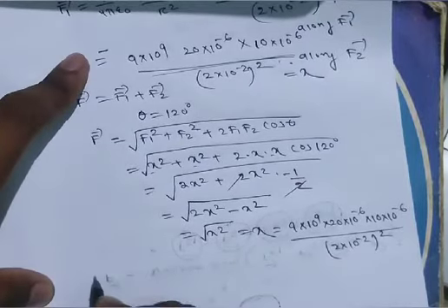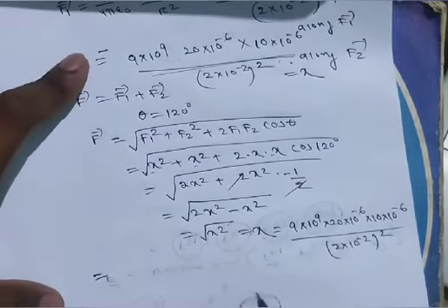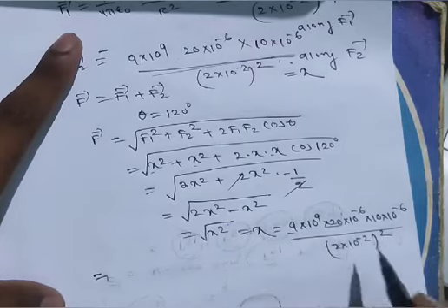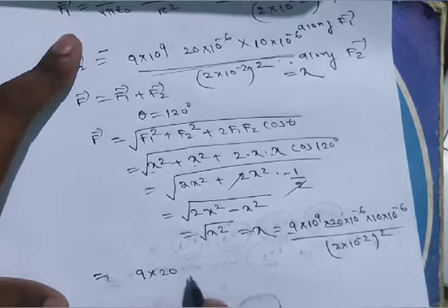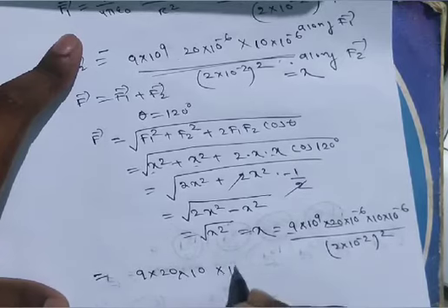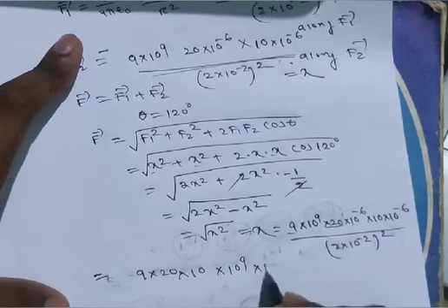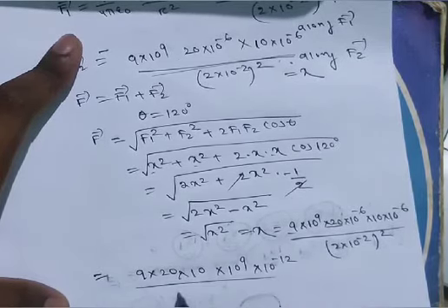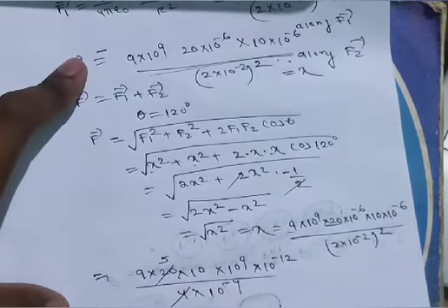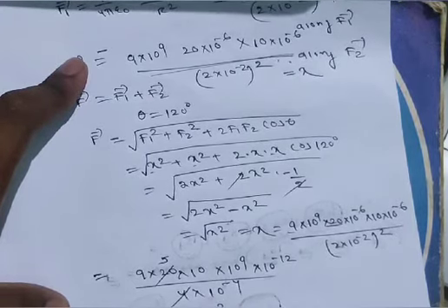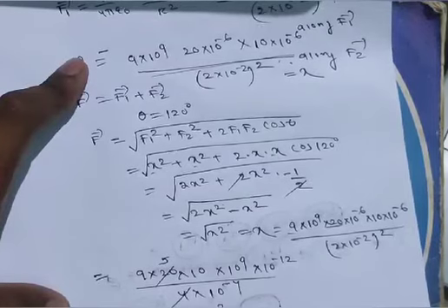If we solve, it is 9 into 20 into 10 into 10 to the power 9 into 10 to the power minus 12, over 4 into 10 to the power minus 4. Cancelling, it will be 45 into 10 square, so it will be 4500 newtons.